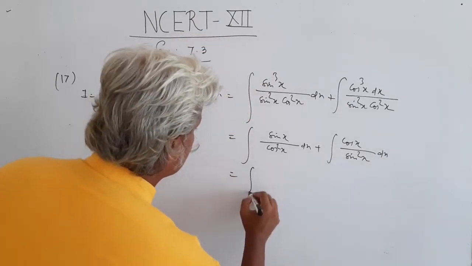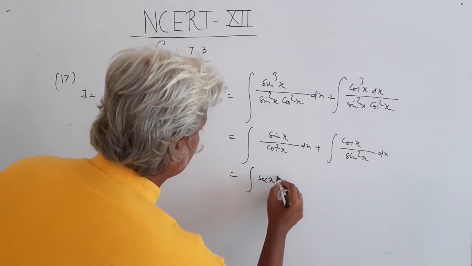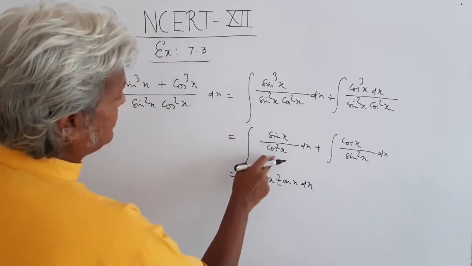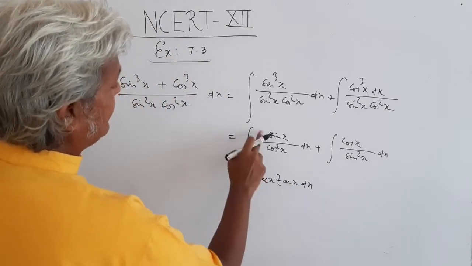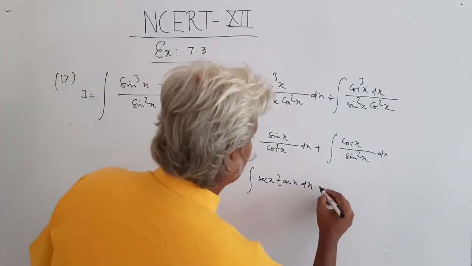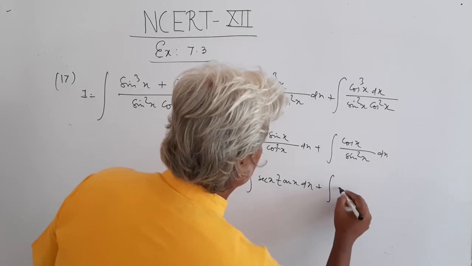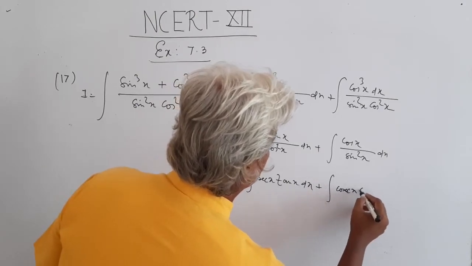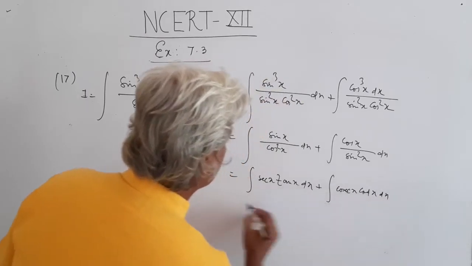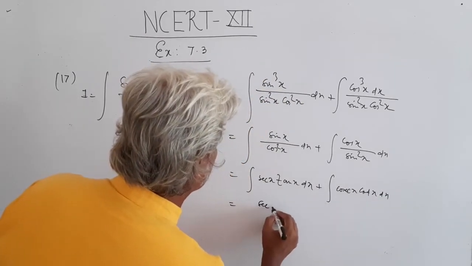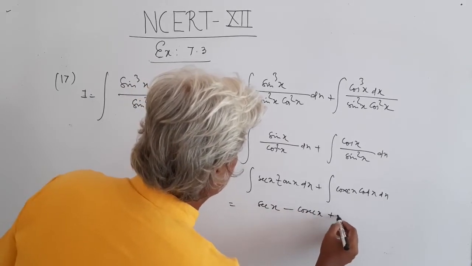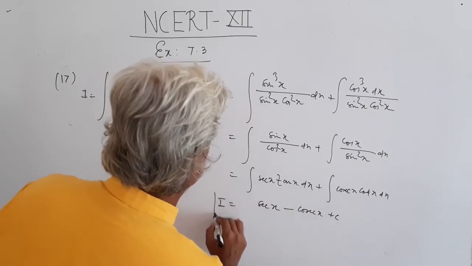This one is sec x tan x, since sin x by cos x is tan x, and 1 by cos, which is cos square, gives you sec x. And in the same way, this is cosec x cot x dx. On integration, this gives you sec x, this gives you minus cosec x plus c, and this is the solution.